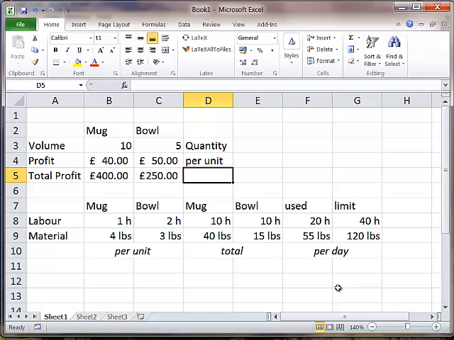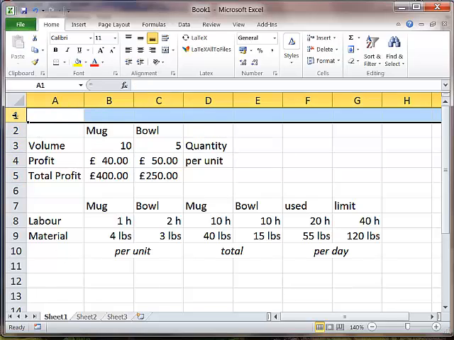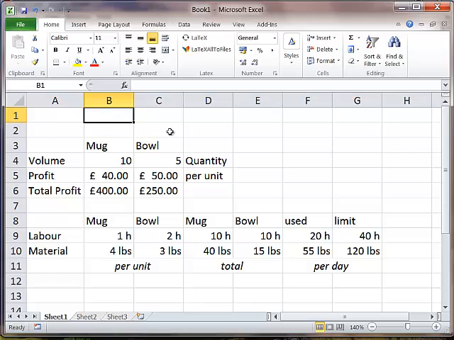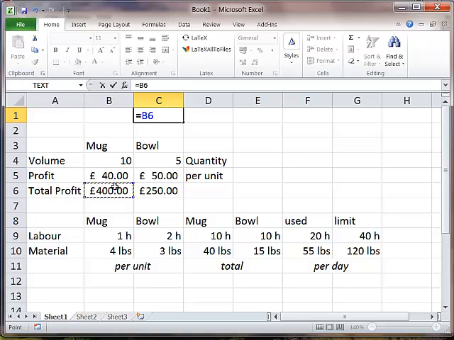I'll just put it on top there, so that we see how much profit we actually make with the right constellation. So that's the 400 plus, not 500, 250.